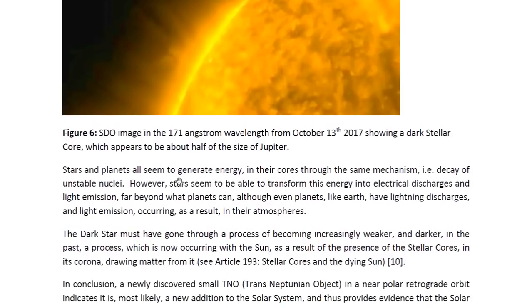Now, stars and planets all seem to generate energy in their core through the same mechanism, i.e. decay of unstable nuclei. However, stars seem to be able to transform this energy into electrical discharges and light emission far beyond what planets can, although even planets like Earth have lightning discharges and light emission occurring as a result in their atmospheres.